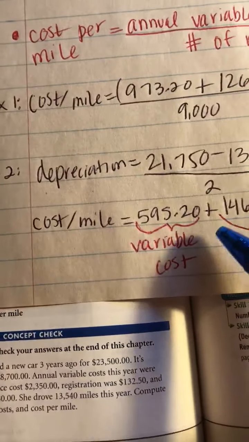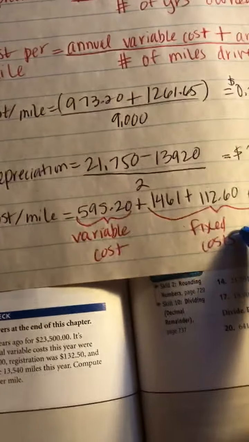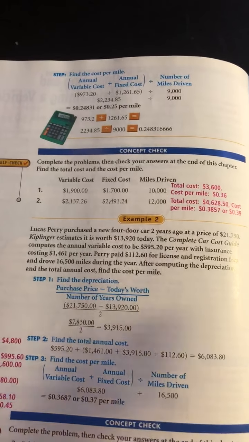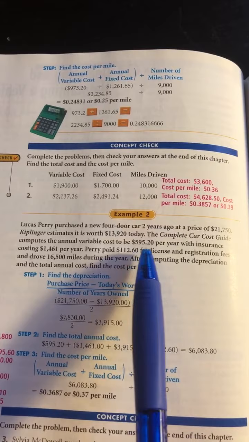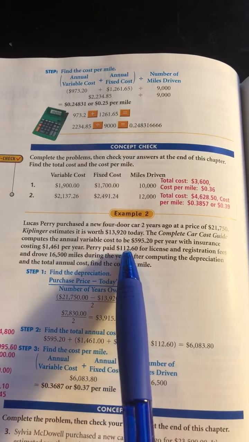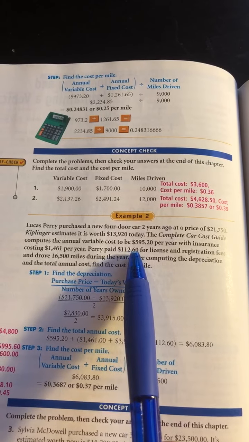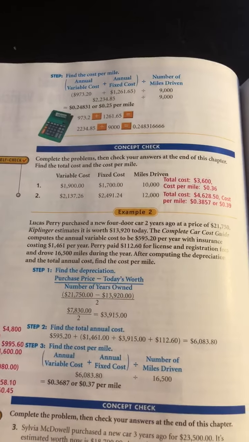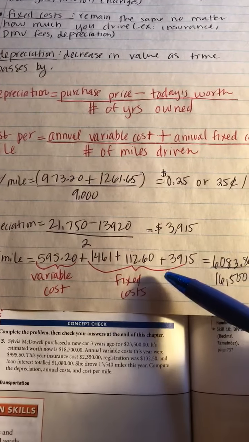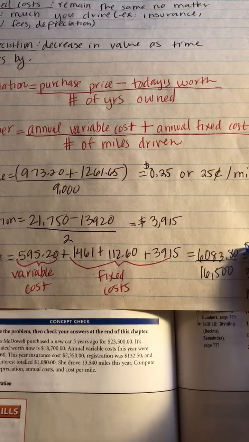So that's this. And the fixed costs are things like insurance, DMV fees, and depreciation. So insurance, $1,461, DMV fees, $112.6, and then depreciation, $3,915. So you add those three things and you get $6,083.